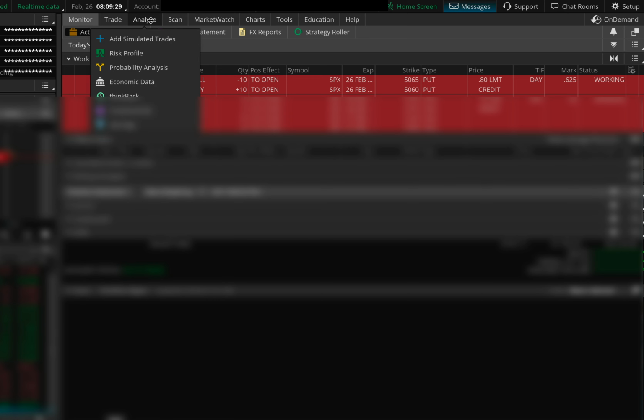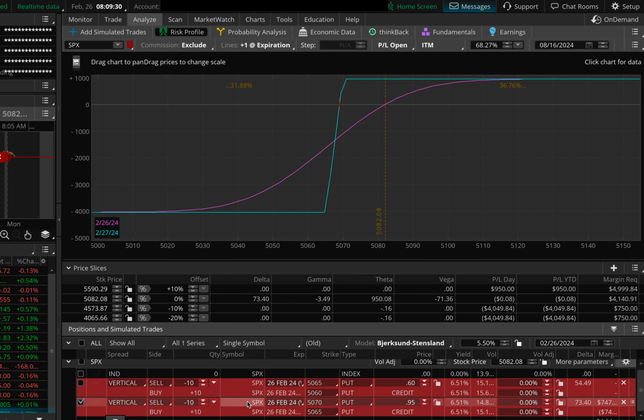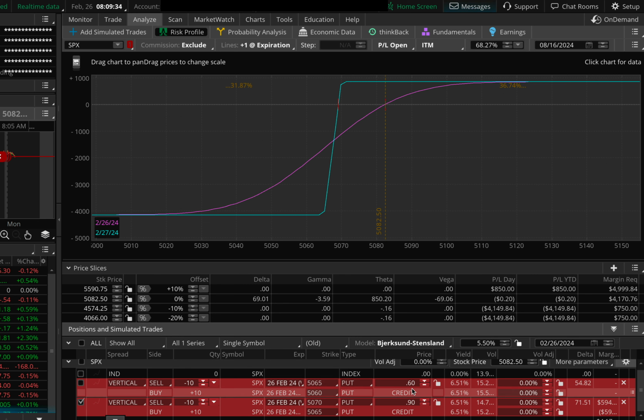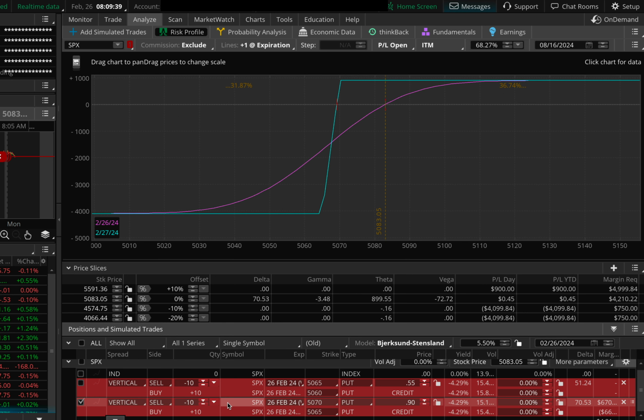Let's see where the other one's at. So this is the one we have on, trying to get 80. This one we could get 90. Let's see if we could maybe switch it out.